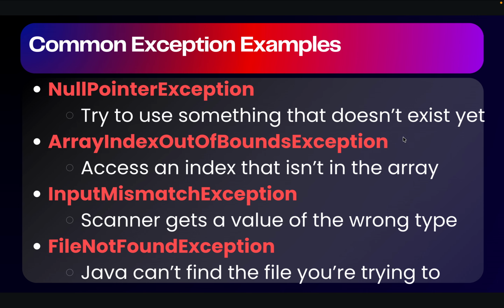This typically can happen with strings or arrays that you may have created but not assigned a value to. Then you have array index out of bounds. This exception is saying that you're trying to access an index that does not exist in the array. Typically, this happens when you use an index value that's greater than the actual length of the array.